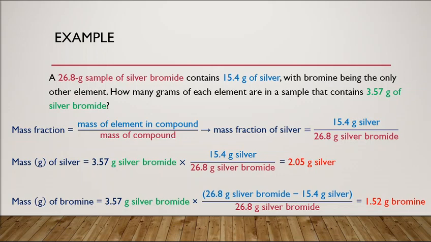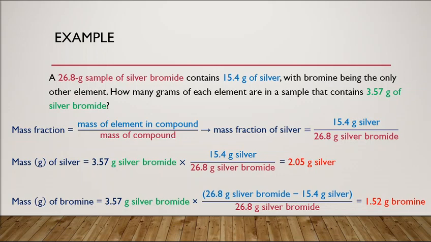Then using the mass of your bromine over the mass of your silver bromide, you end up with the mass fraction of your bromine, multiplied by the new sample size of 3.57 grams. And so 2.05 plus the 1.52, if you want to plug that into your calculator real quick, and believe me, it's going to be the same 3.57.